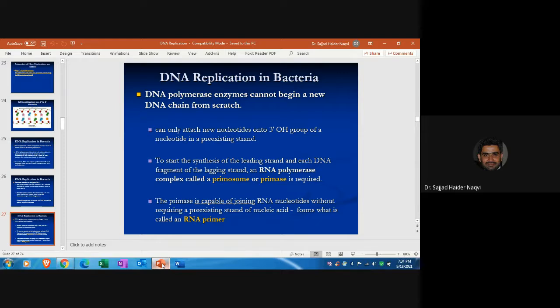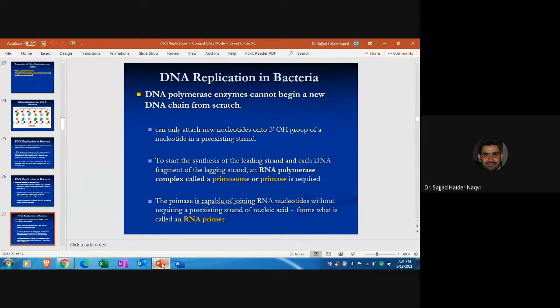Now, coming back to the point which I said, that before the DNA replication, we know that the first step was unwinding because these two strands need to be separated out. There are some other conditions. As I said, DNA polymerase cannot directly start. So we have another enzyme called RNA polymerase.